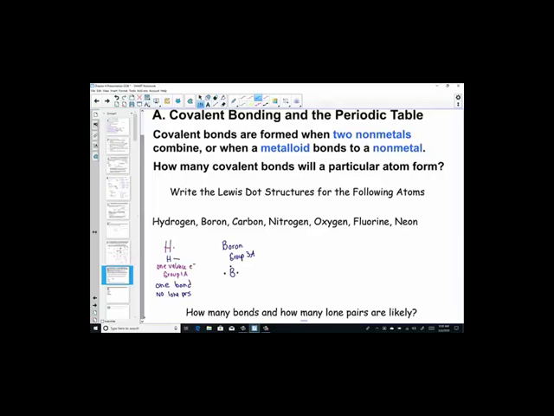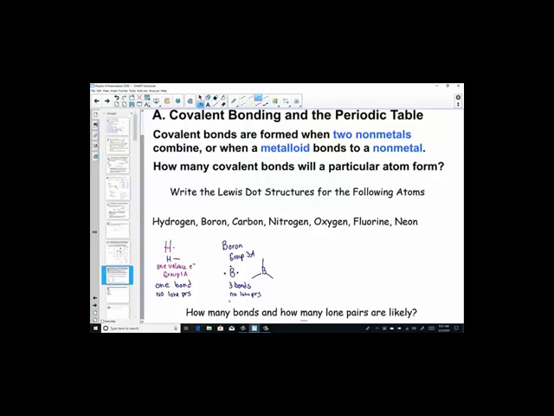Well, boron with its 3 dots only has room for 3 bonds. When I draw that out, its 3 bonds will end up looking like an equilateral triangle when we add in the VSEPR theory, the molecular geometry. 3 bonds and no lone pairs.